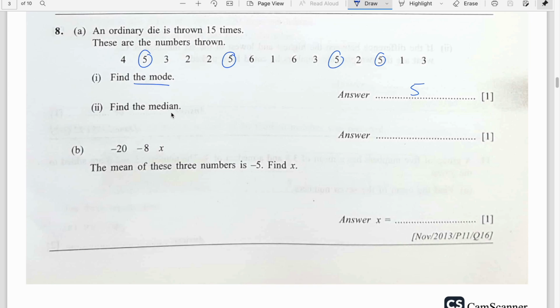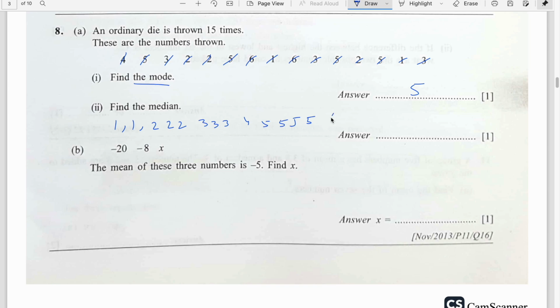Find the median. Now in this case, we always arrange them in order first. So I can see there are 2 1s, and then 3 2s, 3 3s, 1 4, nothing else, and we just counted 4 of these 5s, and 2 6s.